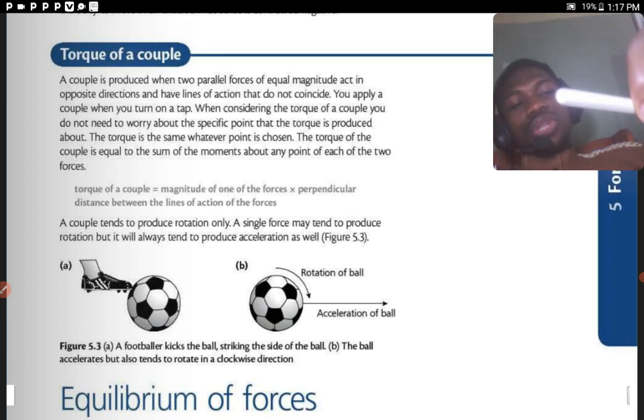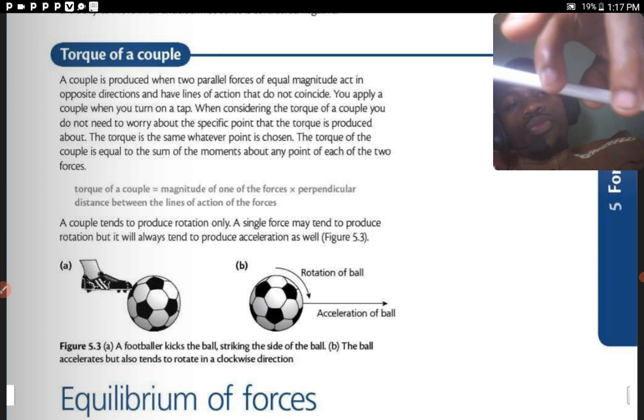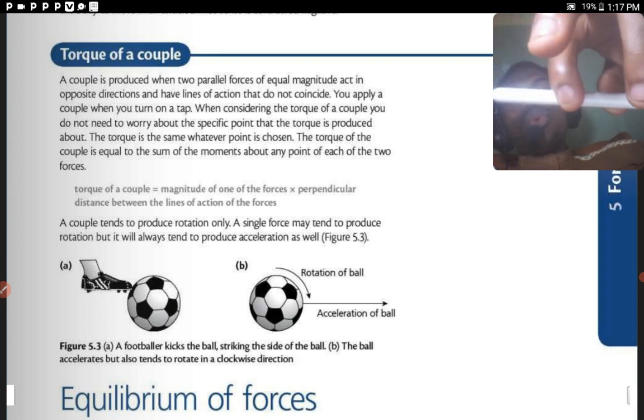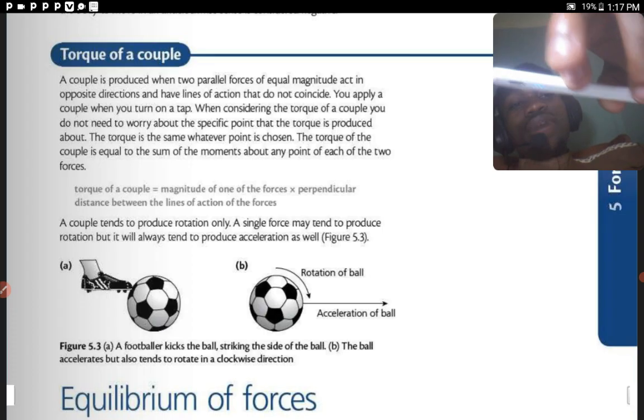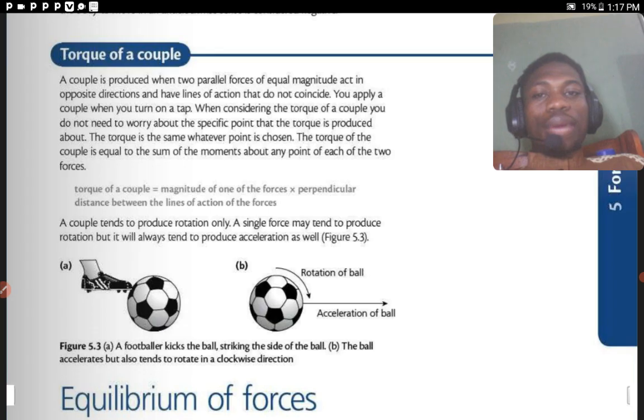You are applying two forces in two different directions, and these two forces are equal, in fact in opposite direction, having different lines of action. That's a couple. Okay, so that's good. So anytime you're opening a tap or closing a tap, you're applying a couple.